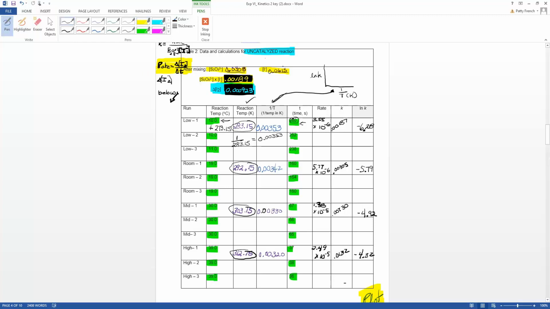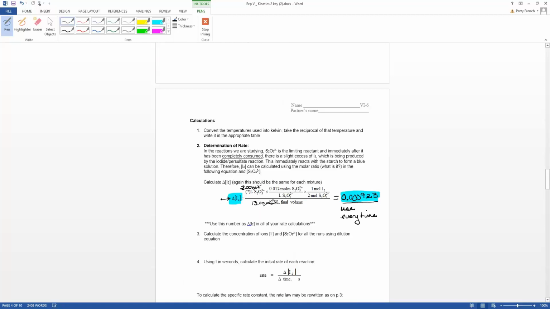Now we have all the times, but what we had to do was find this delta I. And we do it the exact same way we did it last week. Remember that you had to use up all the thiosulfate before we could actually detect the presence of iodine. So this is exactly the same equation that we used last week, with the exception that instead of 11 milliliters total, like last week, it's 13 milliliters as your final volume, which gives you 0.000923.